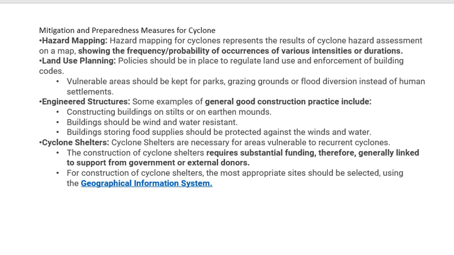We can also have structures that are wind resistant or water resistant. This can also be taught in schools and colleges, especially for the people living in the local areas. They have to be taught how to survive and protect themselves during cyclones.